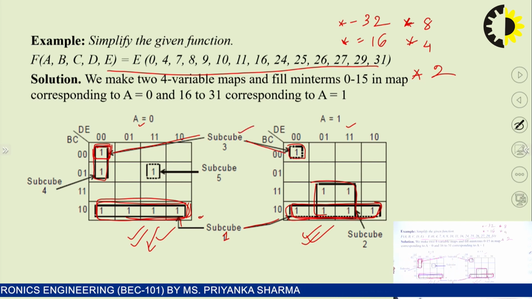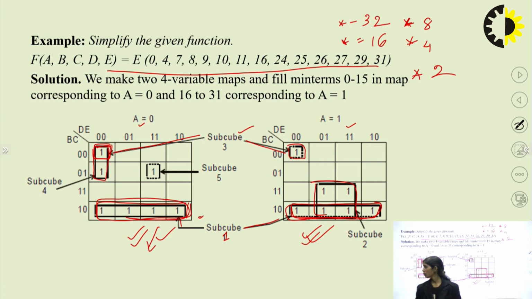After this, there is no common group of 2 here. So I am going to find a group of 2 in the first K map, which is treated as subgroup 4. And at last, we have a single one in K map 1. So this is how we identified the groups, which are treated as subgroups 1, 2, 3, 4 and 5.